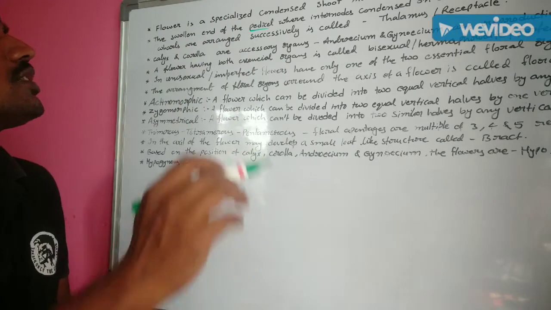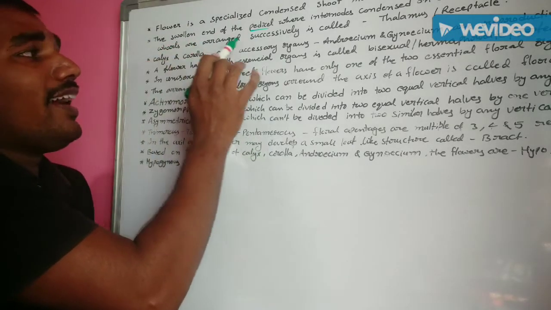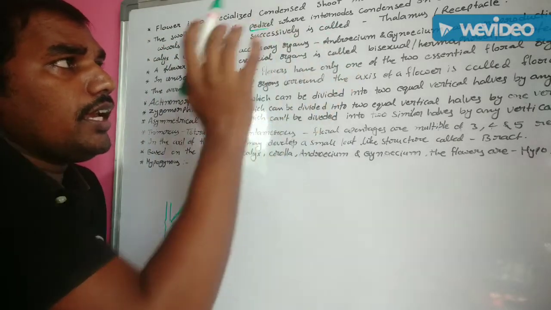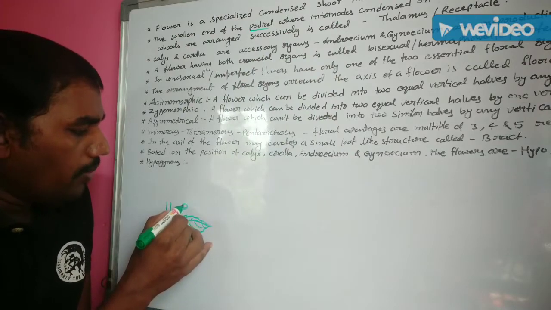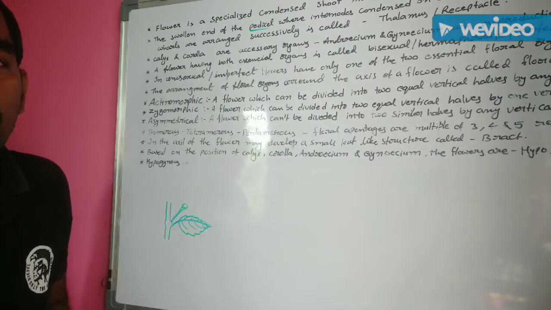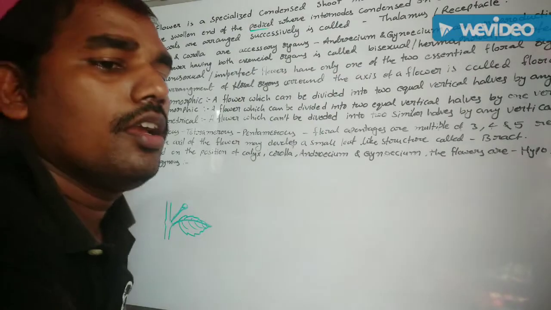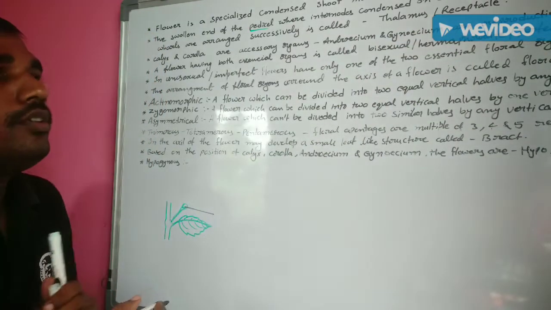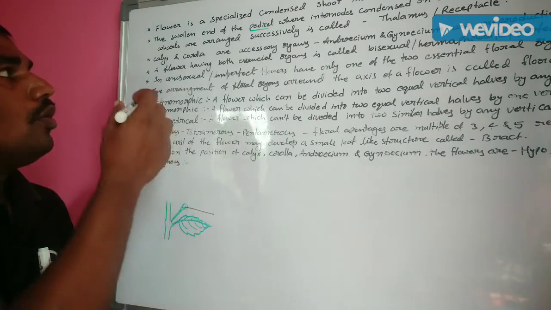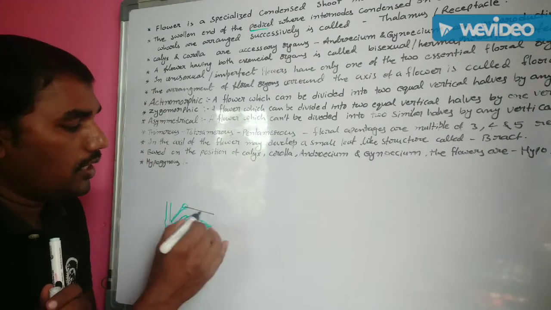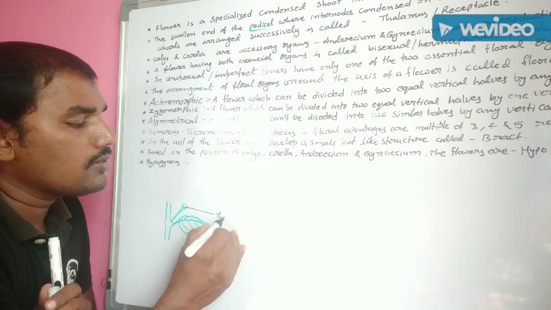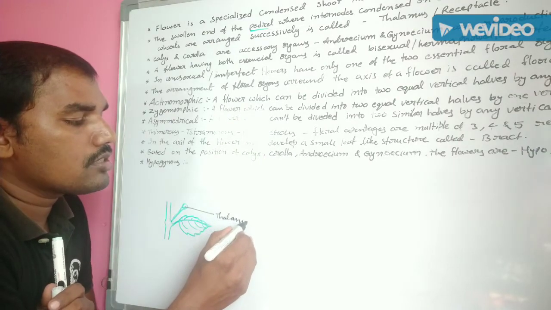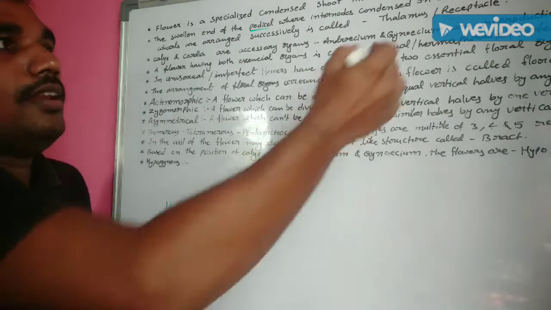The part on which four different types of whorls are arranged successively is called the thalamus, or receptacle.